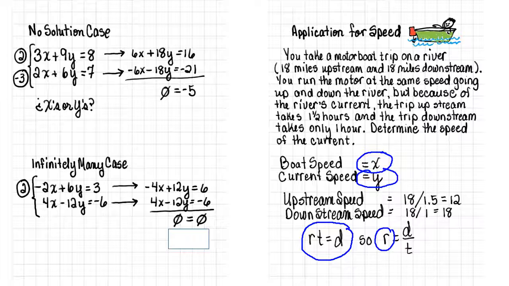The 18 is the miles, so that's your distance. And the time, I'm going to put into decimal, which is a little easier to work with. So distance divided by time gives you 12 upstream, and for the downstream speed, it gives you 18. Next slide.